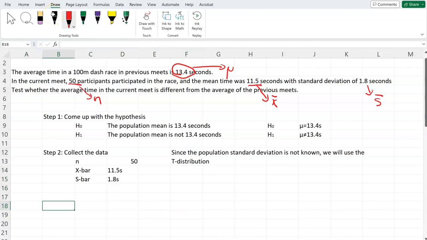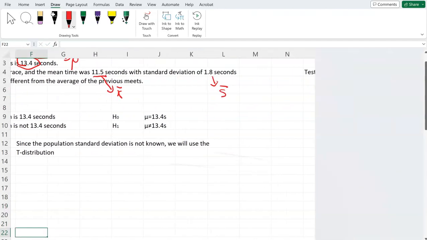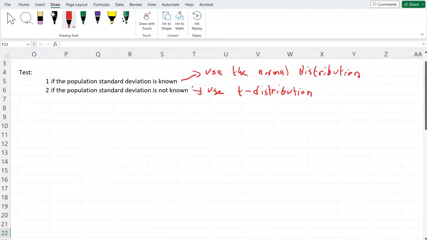Now, step 3 would be analyze the data. If you remember what we talked about a couple of minutes ago, again as a sidebar, let's say our population mean was truly 13.4 seconds.